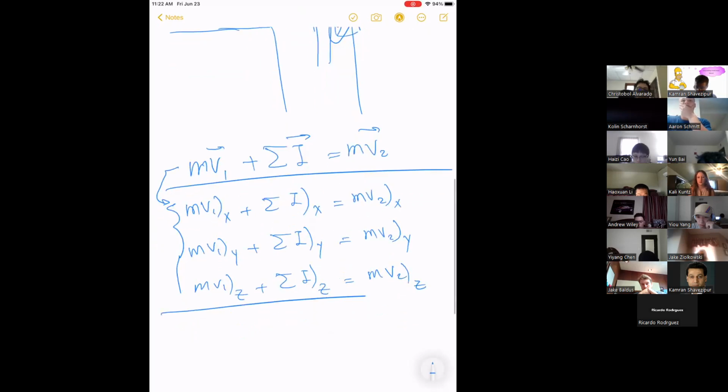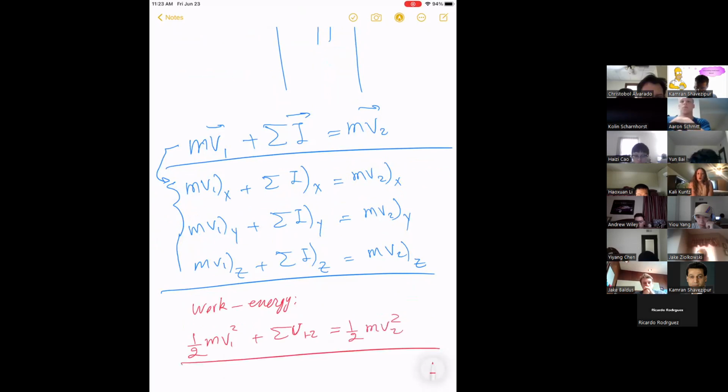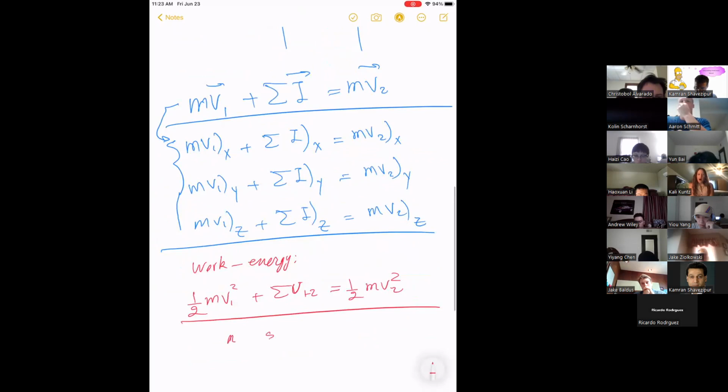In contrast to this, I'm going to remind you the work energy relation was like half mv1 squared plus summation of U12 equals half mv2 squared, and this is a scalar equation, right?